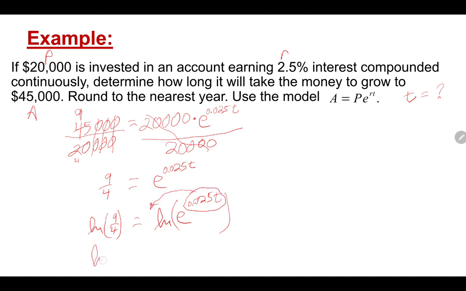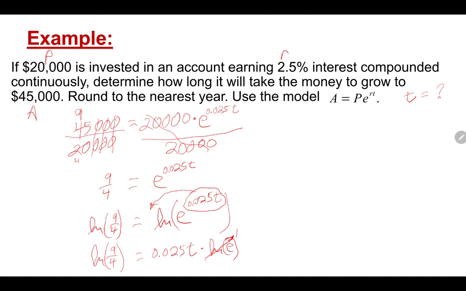So ln of 9/4 is equal to 0.025 t times ln of e. And we established from earlier ln of e is e to what power gives you e?